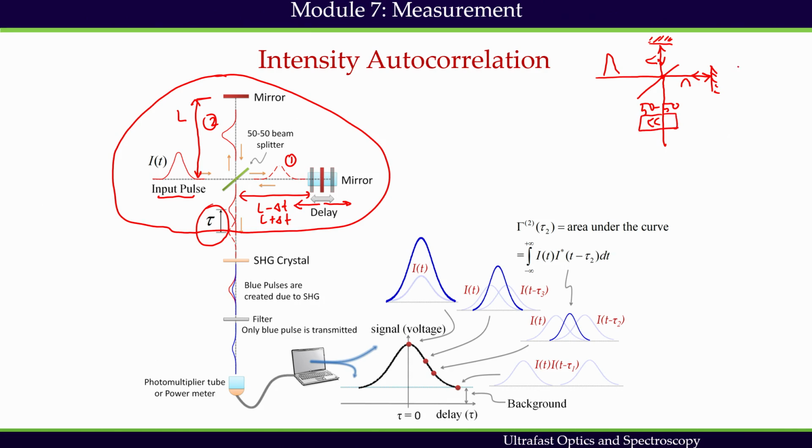Now, if we step it back, then this is a longer path traveled by this arm or this pulse, and that is why after the beam splitter, this transmitted beam and the reflected beam will have a delay. This is called tau.